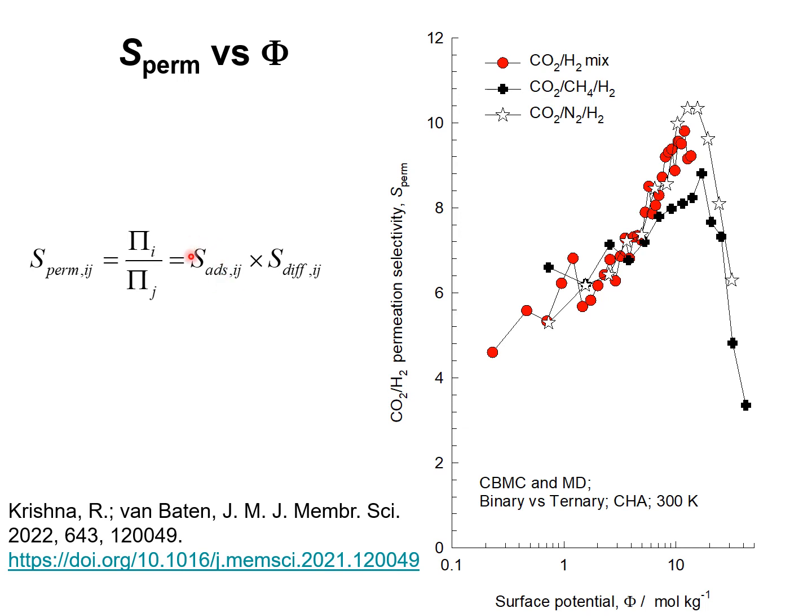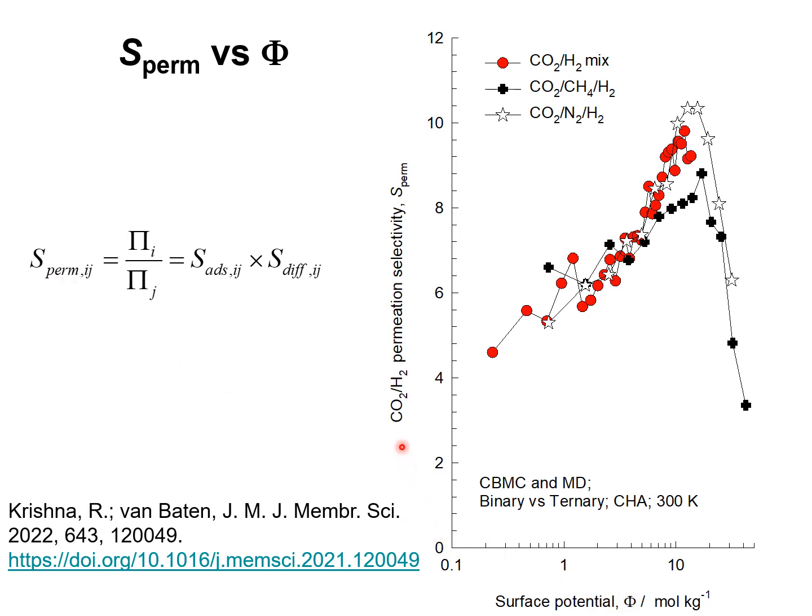We have already established that the adsorption selectivity is uniquely related to phi. And in the foregoing slide, we have established that the diffusion selectivity is uniquely determined by phi. Consequently, we should anticipate that the permeation selectivity is also uniquely related to the surface potential.